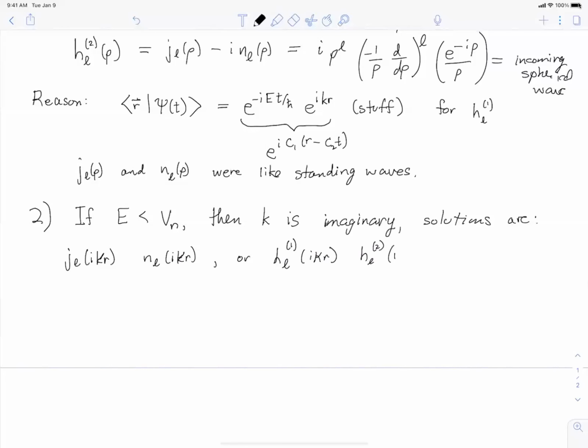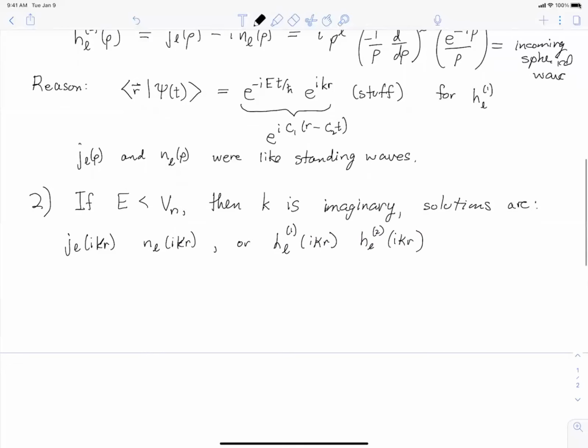HL2 of i kappa r, where kappa is going to be real. So k here is equal to i times kappa, which is i times the square root of twice the mass, Vn minus E. So notice I've flipped the sign under the square root and brought out the factor of i to compensate. Okay, so it's that over h bar.